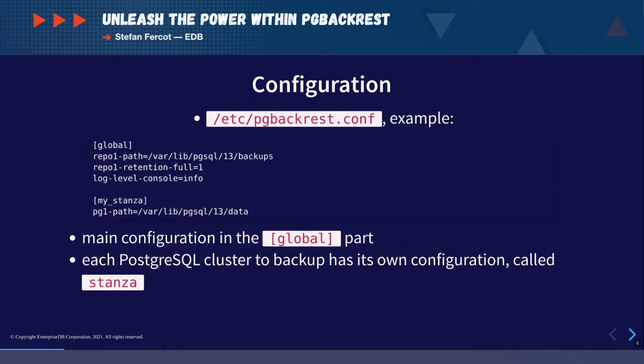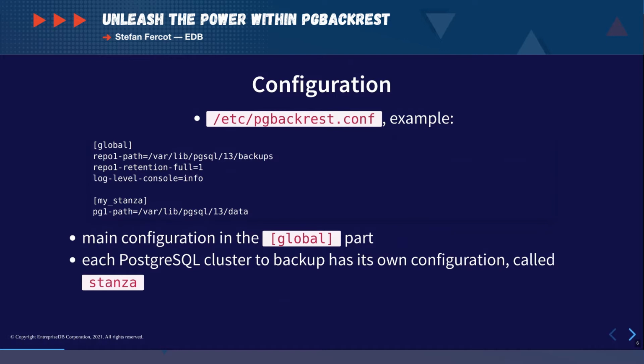And then we have something that we call the stanza part. The stanza part is where you define your Postgres cluster. A Postgres cluster can be one host or multiple hosts if you have primary and standbys. So typically, your PG data path.